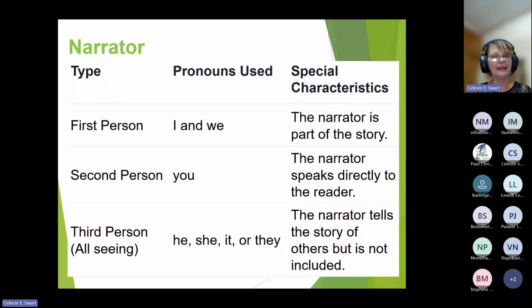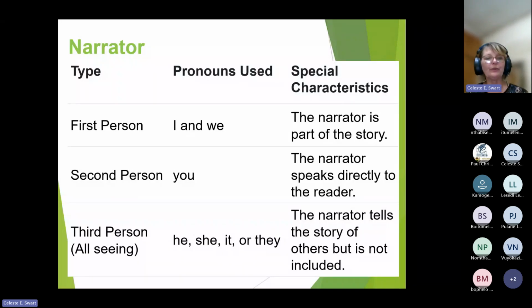Now, a narrator in the story, that is your storyteller, the person telling us about the story. It could be first person, which would then be I and we, and the narrator is then part of the story. If it's second person, then the narrator will refer to you, and then we'd speak directly to the reader.